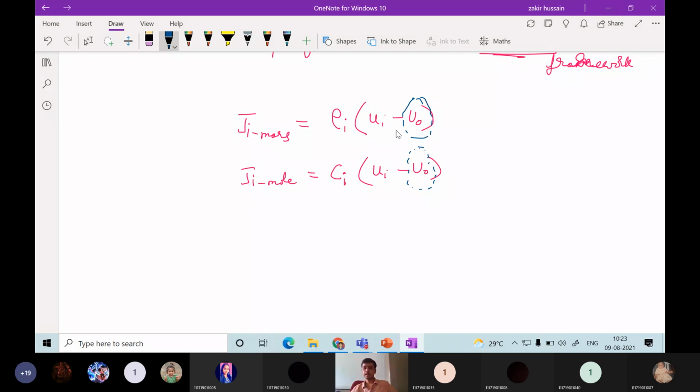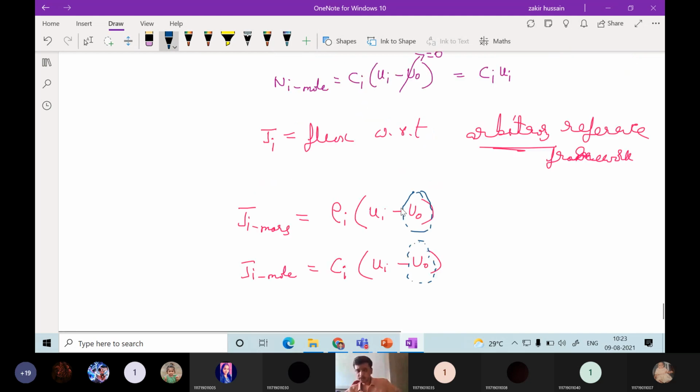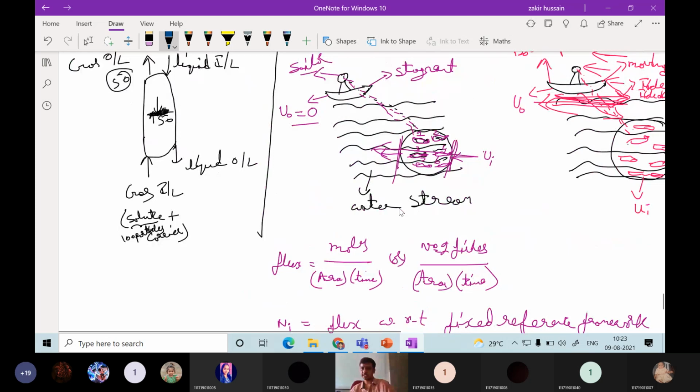So in a system, the molar species move with different average velocities. For example, take the same fishes example: the fishes will move with different velocities. Fish number 2 will have some velocity, 20 meters per second, fish number 1 may have 20 meters per second, but we cannot guarantee that.